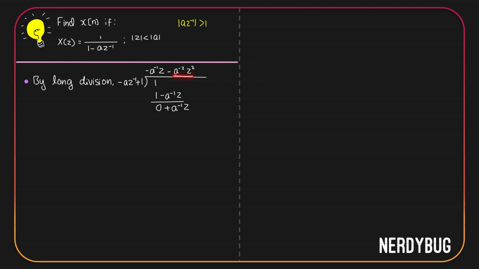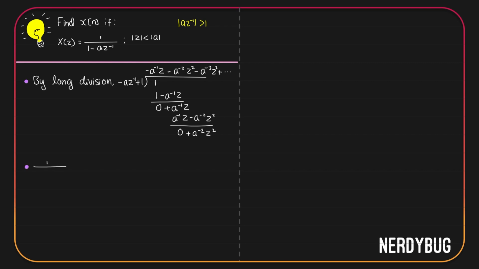Again, minus a raised to minus 2 z raised to 2 multiplied by minus a z inverse will become a inverse z. Minus a raised to minus 2 z square multiplied by 1 will become minus a to the power minus 2 z to the power 2. Subtracting, we get 0 plus a raised to minus 2 z raised to 2. Again, if we divide a raised to minus 2 z square by minus a z inverse, we will get minus a raised to minus 3 z cube. This goes on like that.